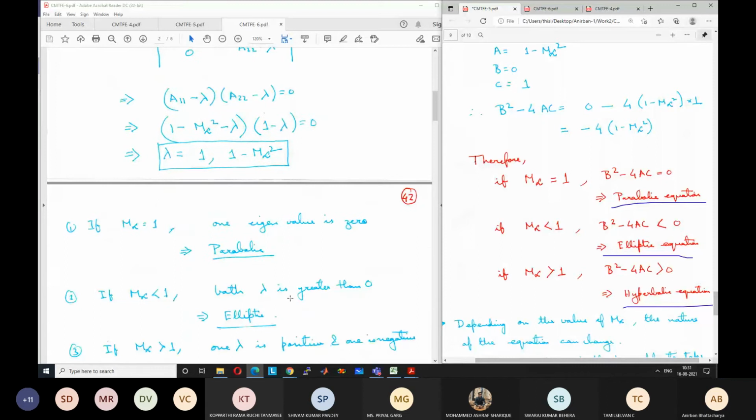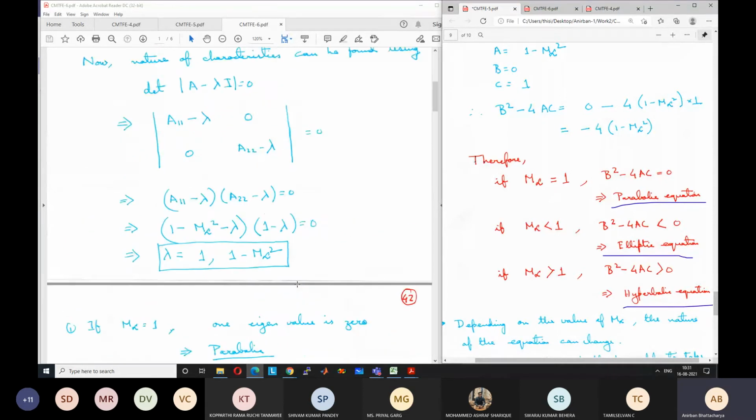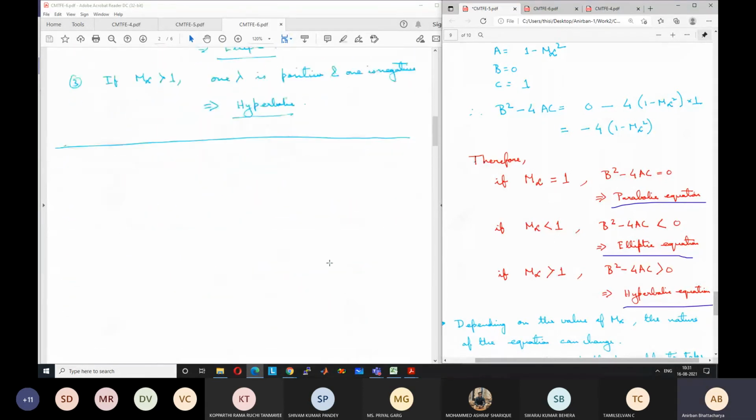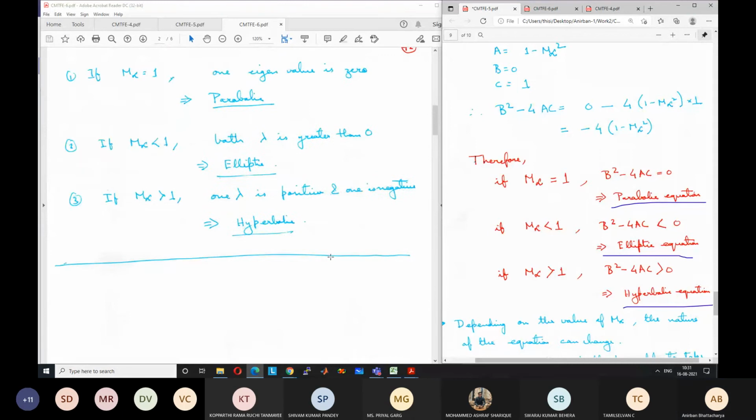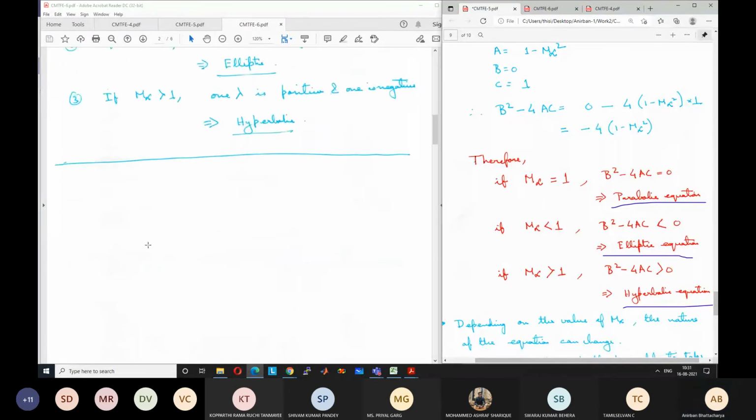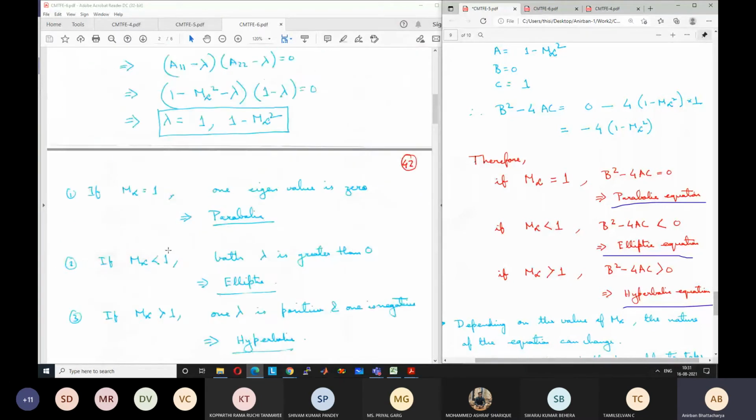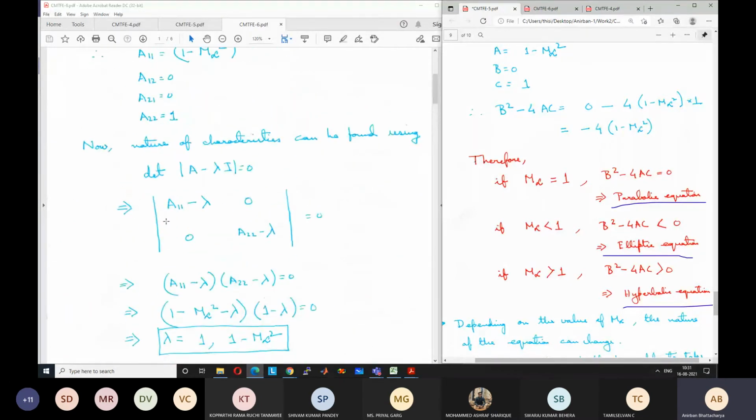Any questions? You should be able to find this for other 2D types of problems also using this type of formulation. But generally for CFD problems, we don't go too much into numerical problems. We are more focused on the theory part and then implementation in the course, which we will discuss in the subsequent classes.